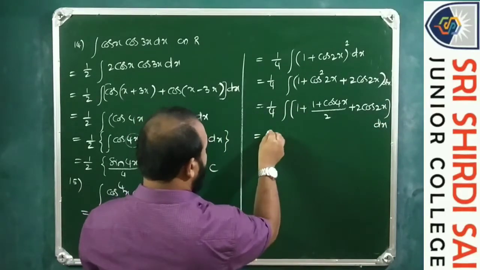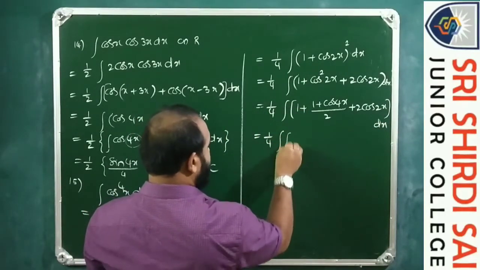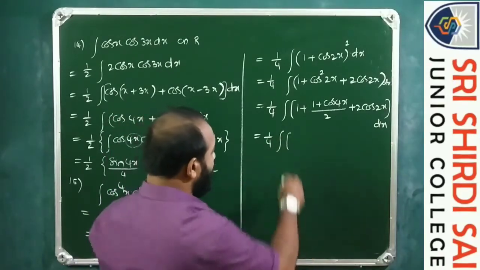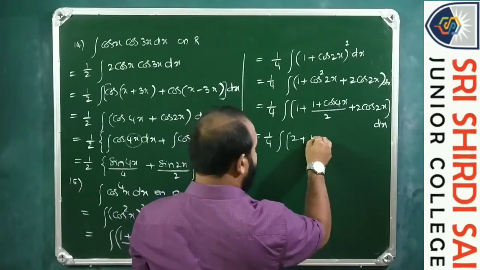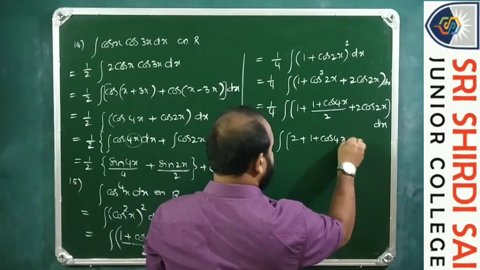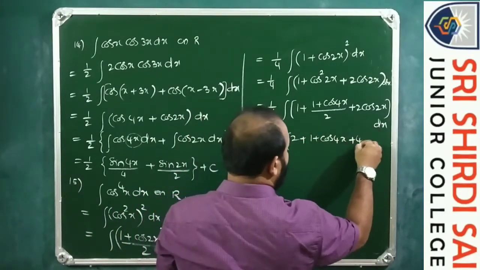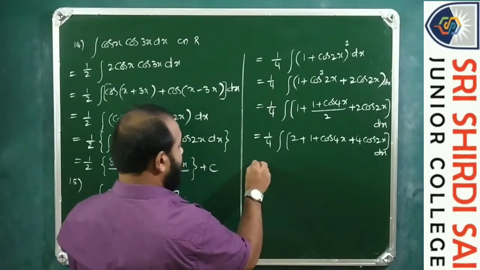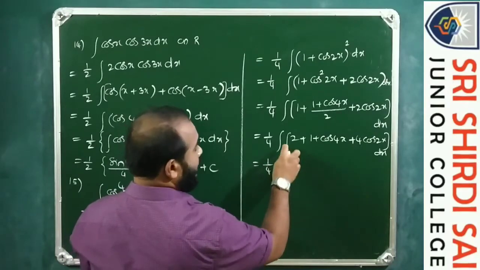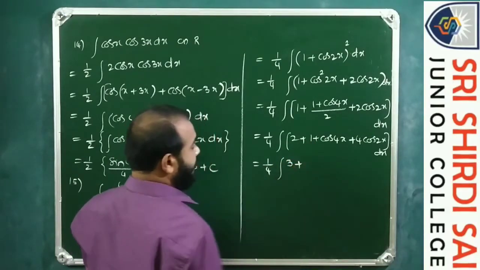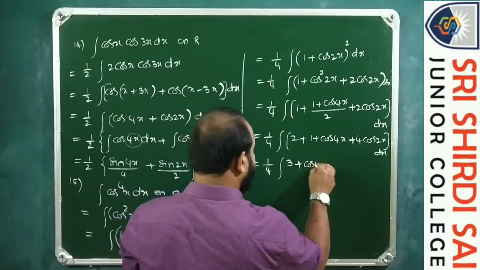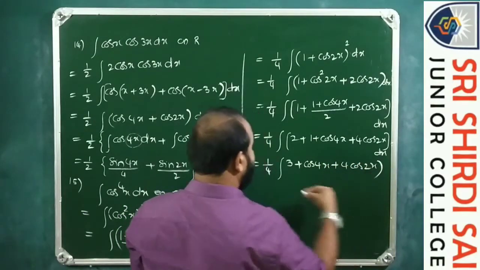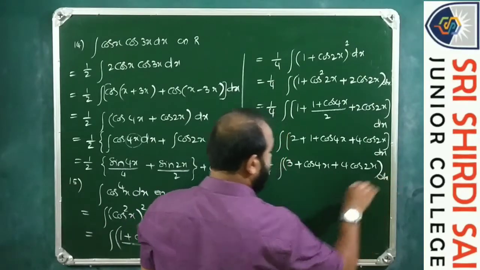So this is 1 by 4. If you take 2 as the LCM, 2 into 1 is 2, plus 1 plus cos 4x, plus 2 into 2, that is 4 cos 2x, whole dx. So 1 by 4, 2 plus 1 is 3, plus cos 4x plus 4 cos 2x whole dx.